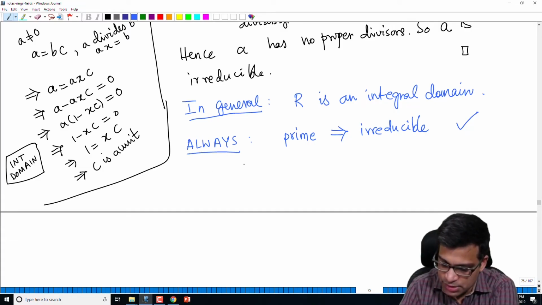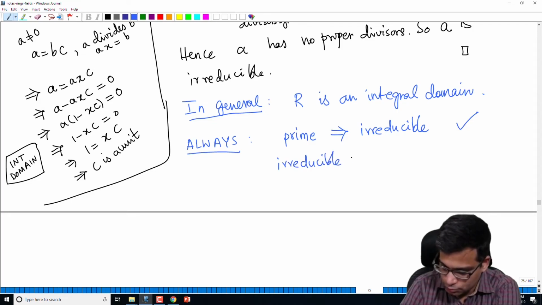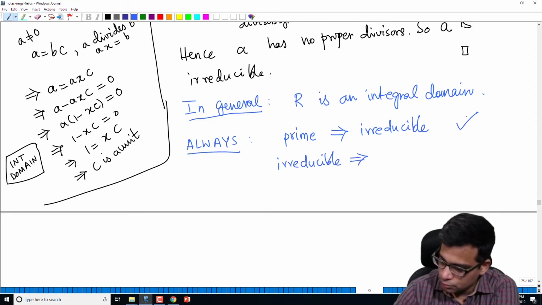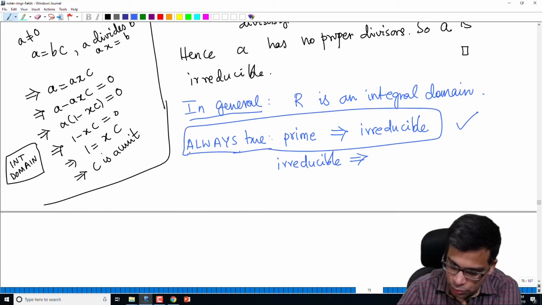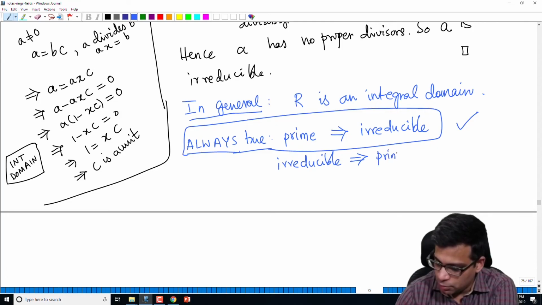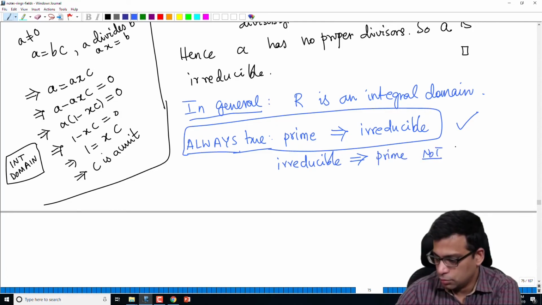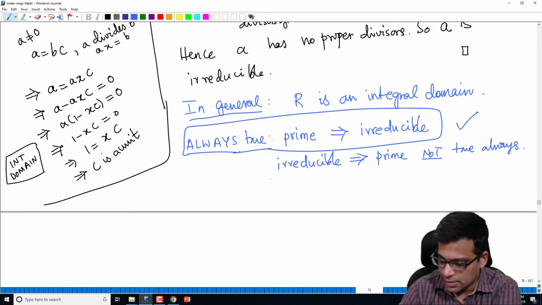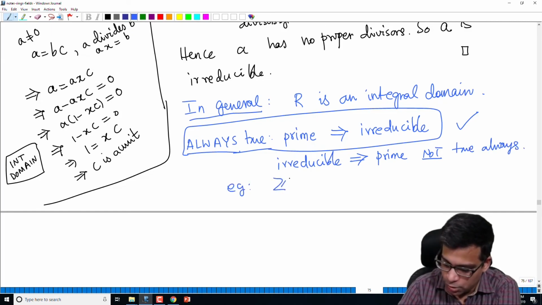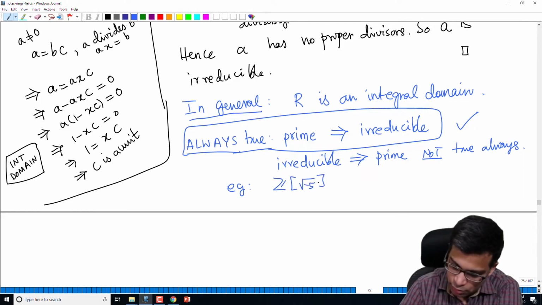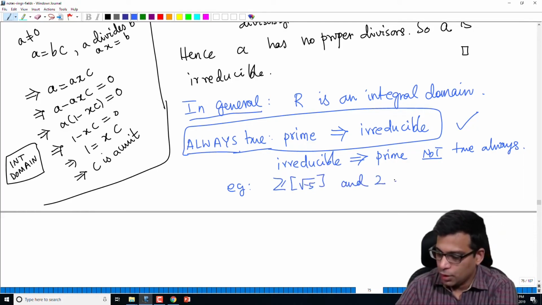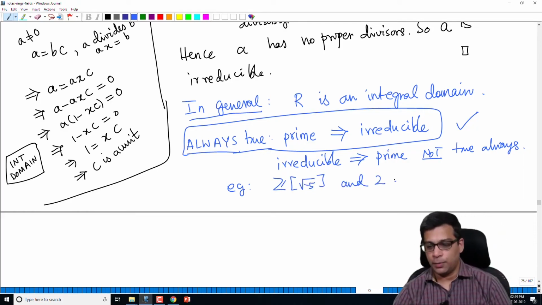The converse, irreducible implies prime, is not always true. Remember the example of Z adjoin square root of minus 5. In this ring, 2 is irreducible but 2 is not prime.